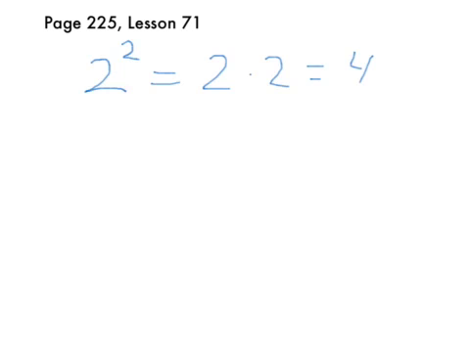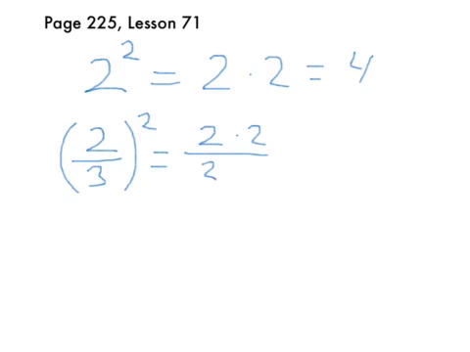If we write that similarly, but with two numbers involved, such as a fraction to the second power, or the second exponent, that simply could be put as 2 times 2 over 3 times 3, which equals, of course, 4 over 9.